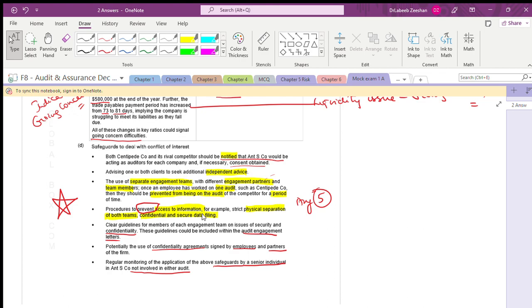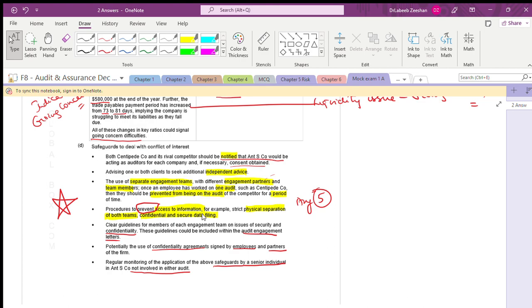If an auditor is doing audit for two different clients, first you have to notify. Second, if there is any issue, you can seek independent review advice. Third, engagement teams, engagement partners and engagement team members should be different. If anyone is working, he should not get associated with the other team for a period of time. They should prevent access to the information, with physical separation of both teams.